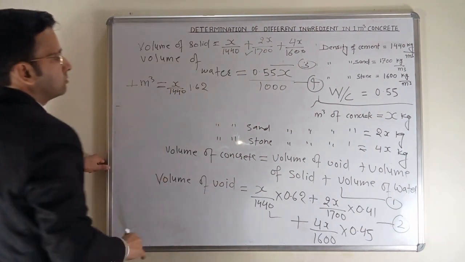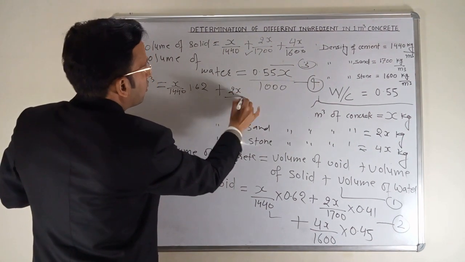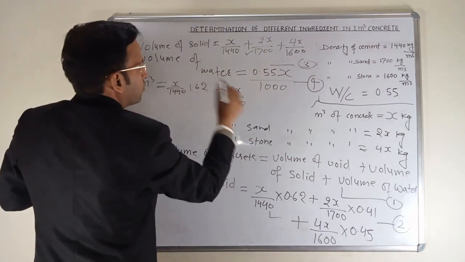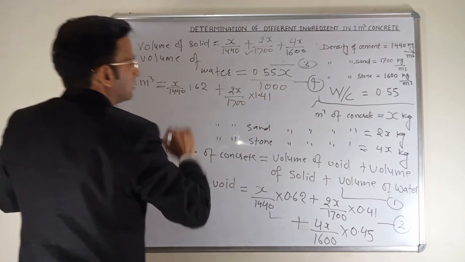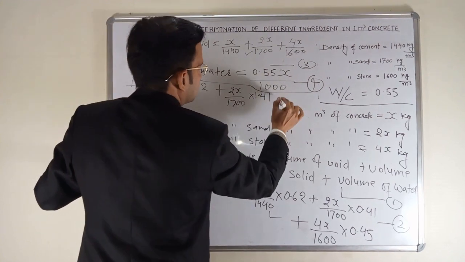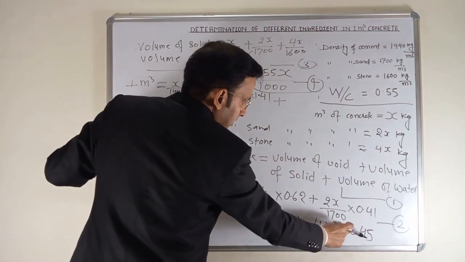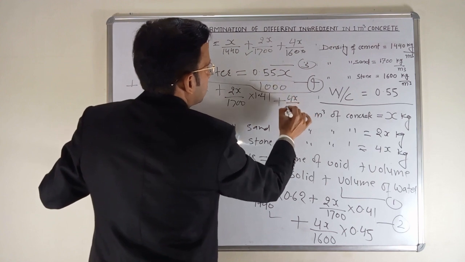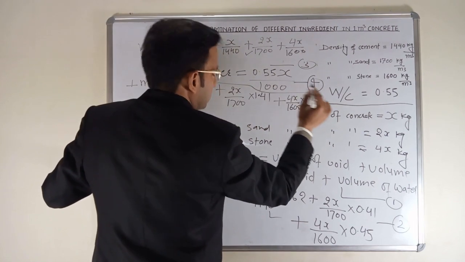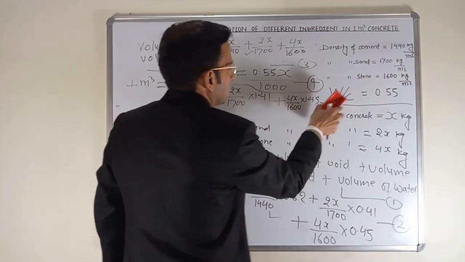It becomes 1.62 plus 2x upon 1700 and 1 or 0.41, 1.41, plus 4x upon 1600, 1.4, 1 multiplied by 1.45. I just erase this portions.